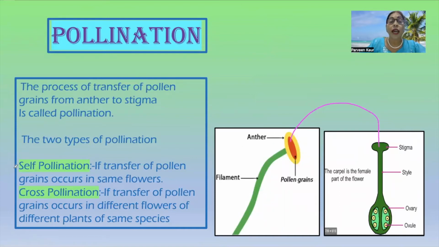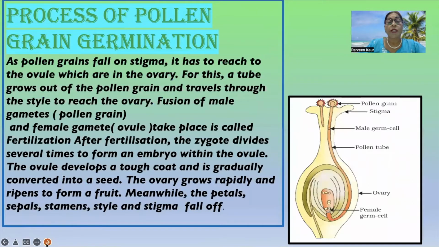Pollination is of two types: self-pollination and cross-pollination. When pollination takes place in the same flower, it is called self-pollination. When pollen grain is transferred to a different flower of the same species, it is called cross-pollination.